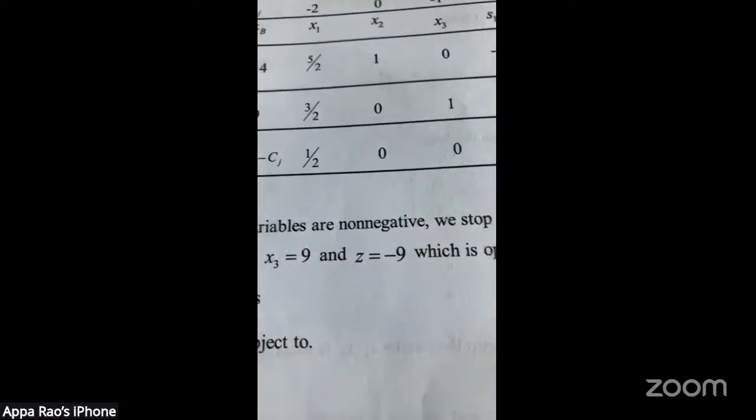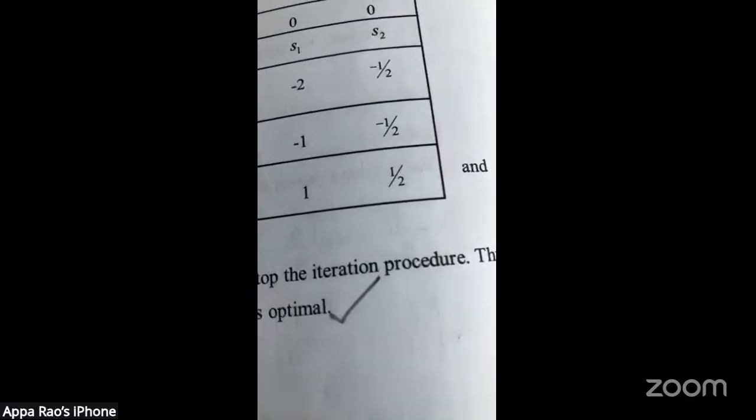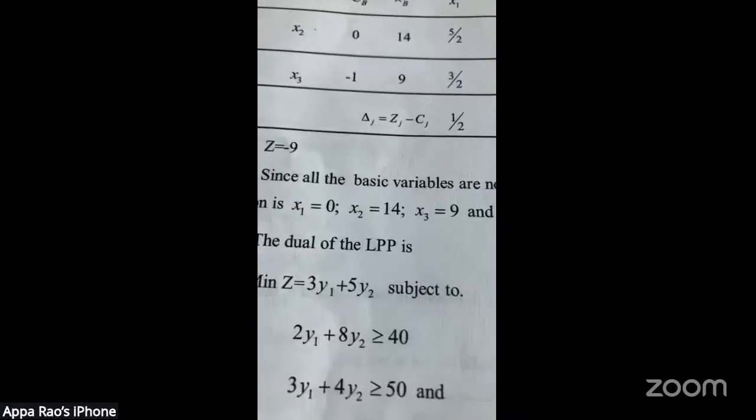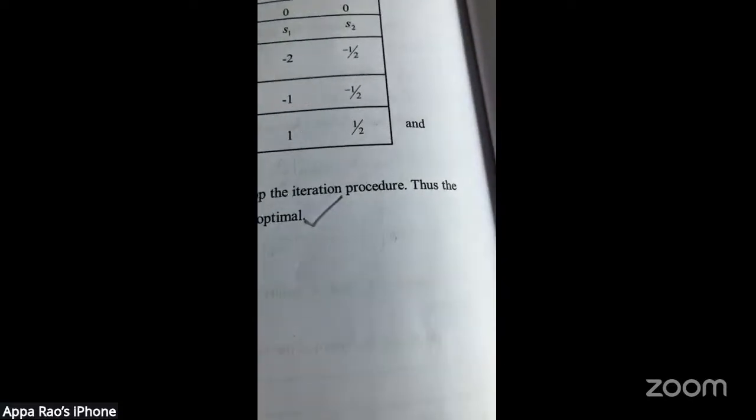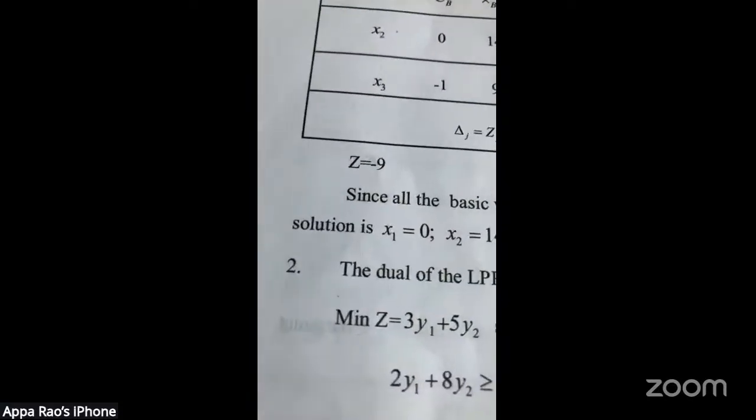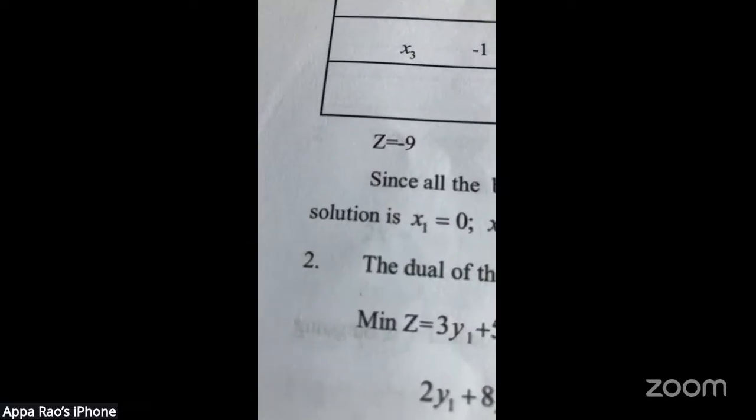Here 0, 1 by 2, 0, 1, minus 1, minus 1 by 2. So delta j equal to zj minus cj: 1 by 2, 0, 0, 0, 1 by 2. And z equal to minus 9.